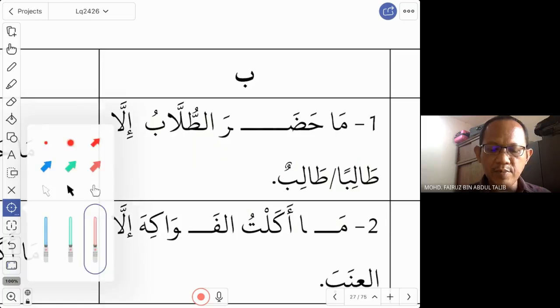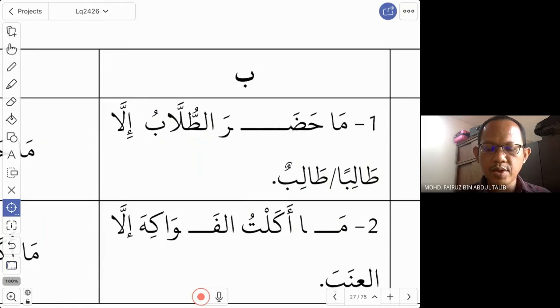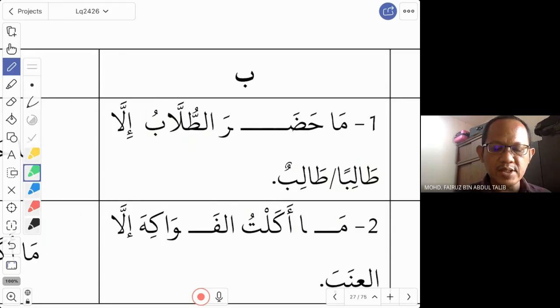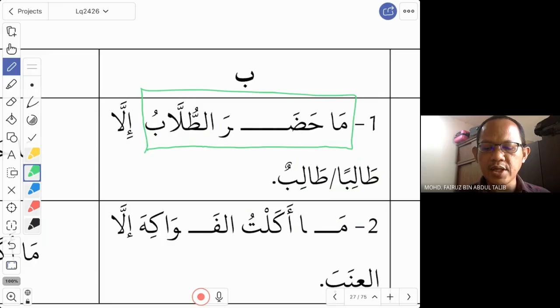So what is the i'rab of this word mustasna minhu? The i'rab here means, is it mansub, is it marfu, or is it majrur? In order for you to determine this, you need to go back to the whole sentence. The whole sentence says ma hadara. Here you have the fi'il hadara. Who attended or who did not attend? The tulab.